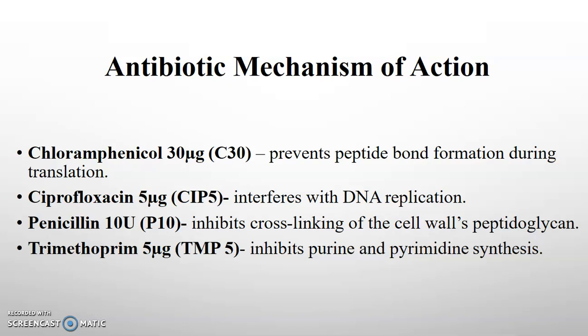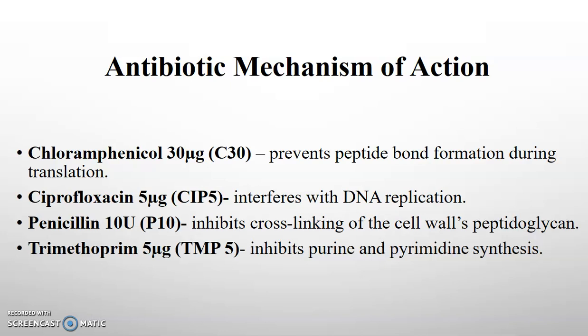The last one, trimethoprim. Trimethoprim inhibits purine and pyrimidine synthesis. We'll talk more about purines and pyrimidines in chapter 8, but purines and pyrimidines are nitrogenous bases that are used in DNA and in RNA. You might vaguely remember the A's, the G's, the T's, the C's, and the U's, like adenine and guanine, uracil.